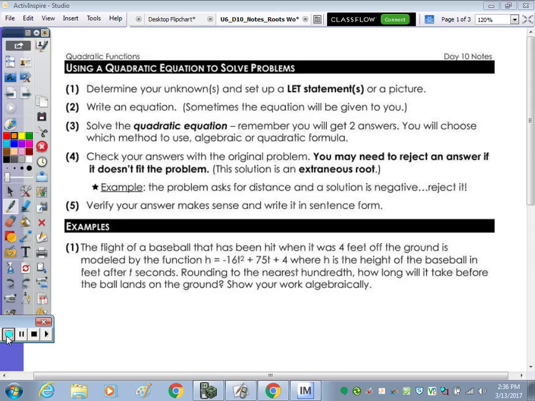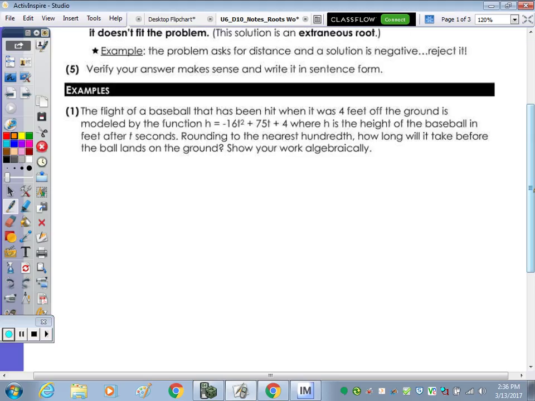So number 1, the flight of a baseball that has been hit when it was 4 feet off the ground is modeled by the function h equals negative 16t squared plus 75t plus 4. In the form y equals, that would be y equals negative 16x squared plus 75x plus 4.